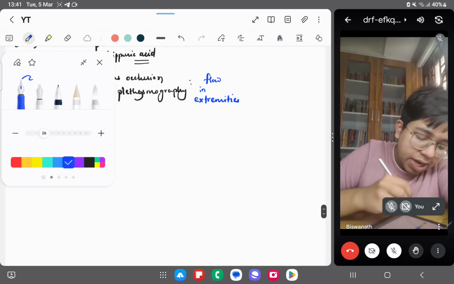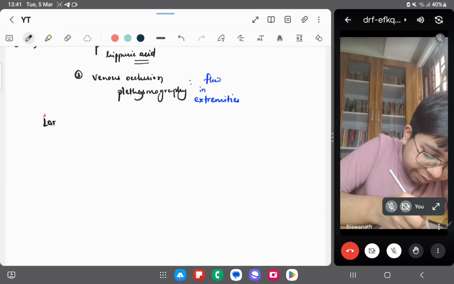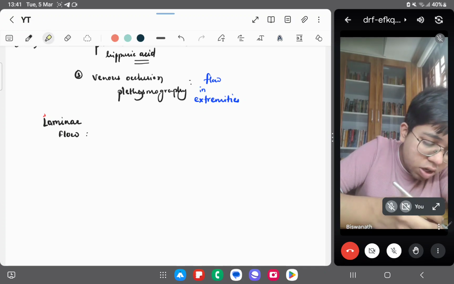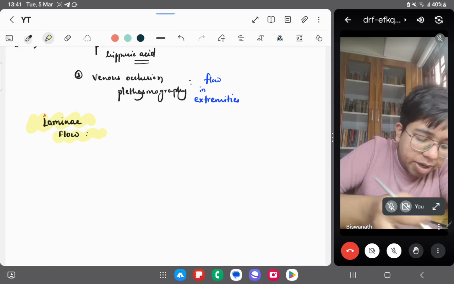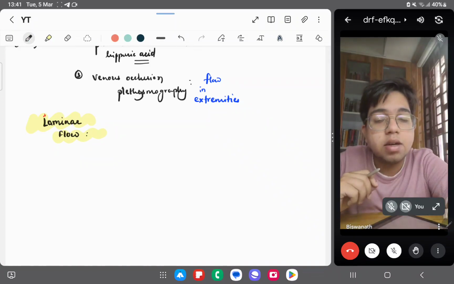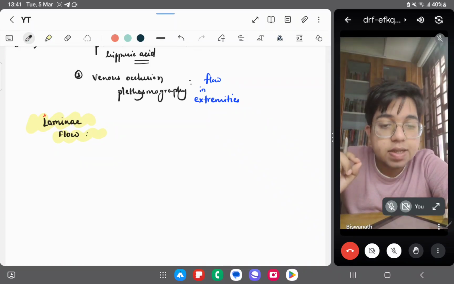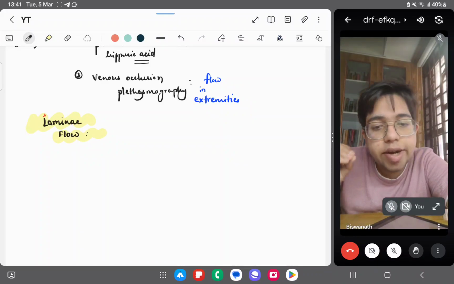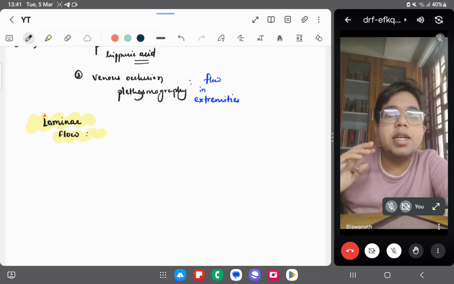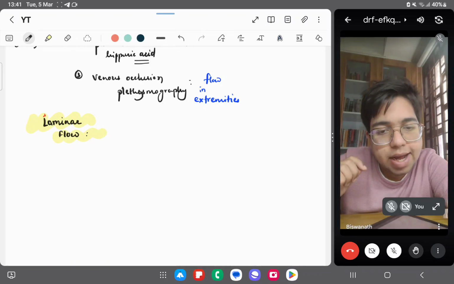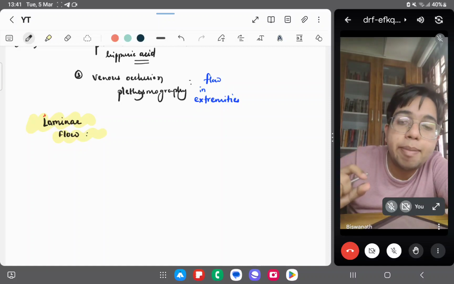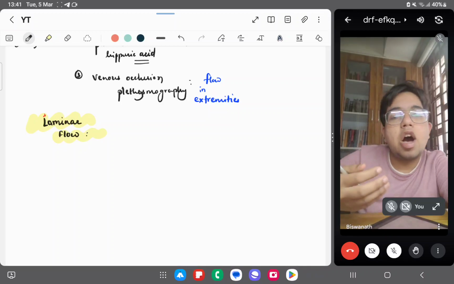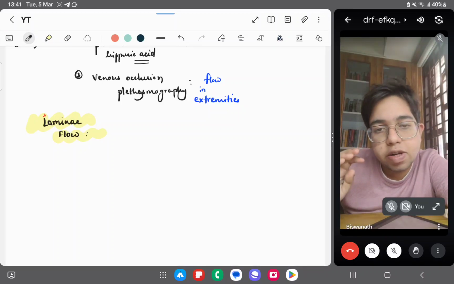Now let's come to laminar blood flow. You should have a basic idea about laminar flow, because blood flow is laminar up to a particular critical velocity. If blood flow exceeds that critical velocity, VC, then it is called turbulent flow. How turbulent the blood is, the probability of turbulence, is given by the Reynolds number.